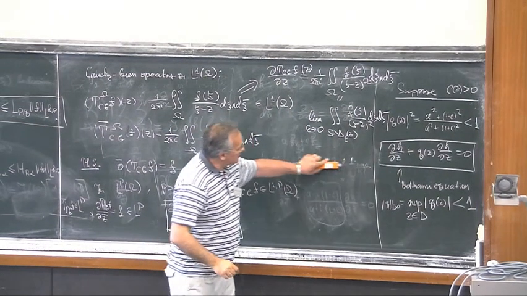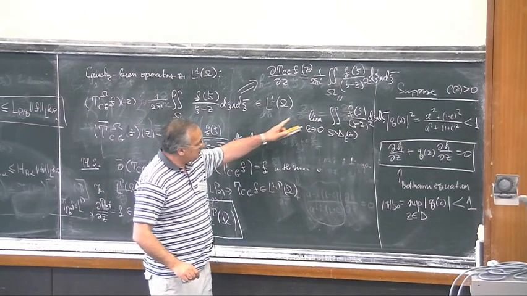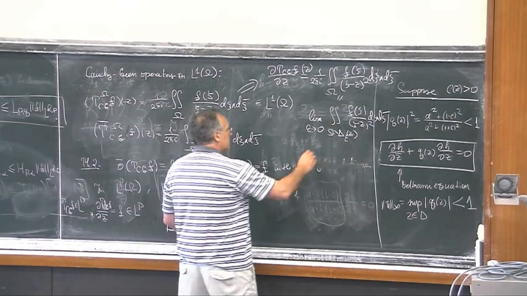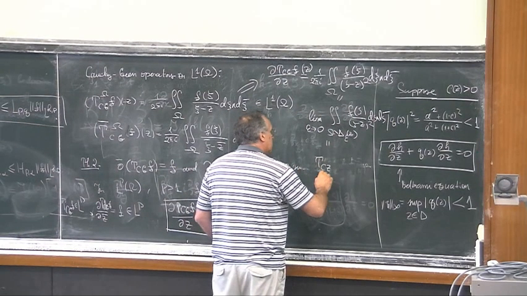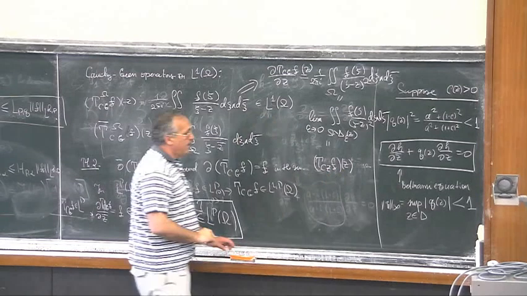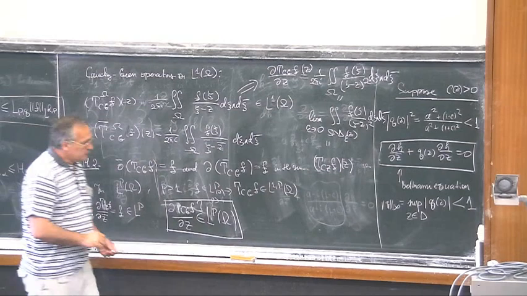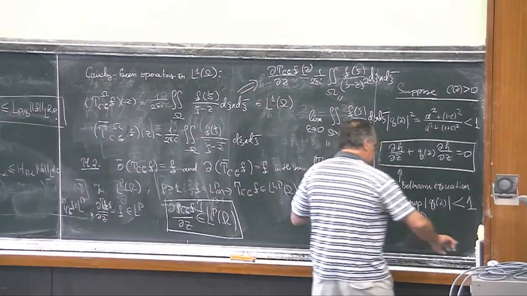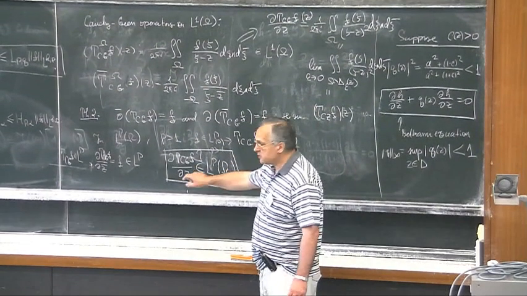This singular integral operator is called a Calderon-Zygmund operator, and it is our derivative with respect to dz.